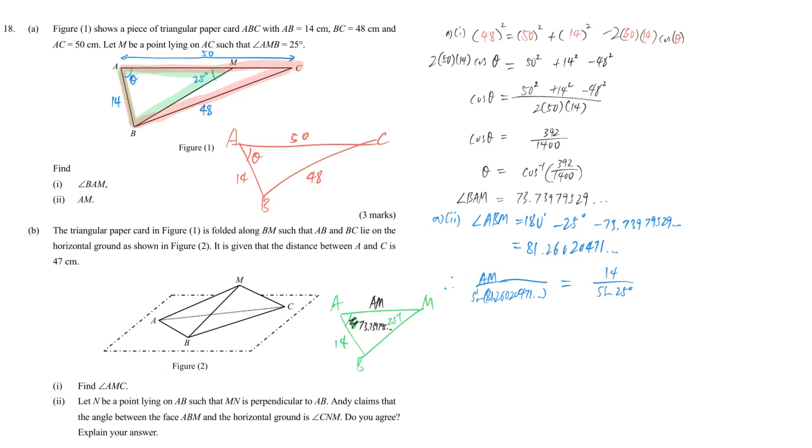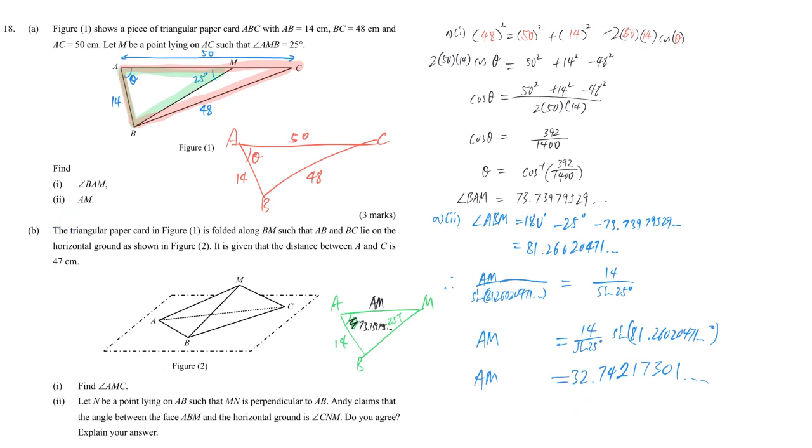We want AM, we don't want it divided by this, so that's why AM is equal to 14 over sine 25 degrees times sine 81.2602047 degrees. So AM is 32.74 something.